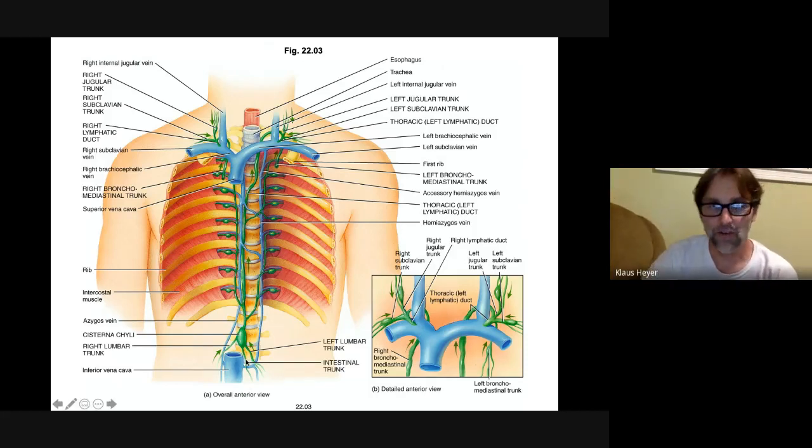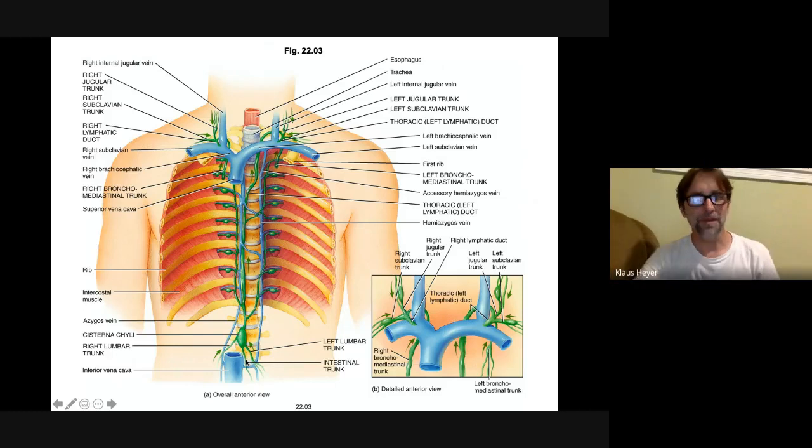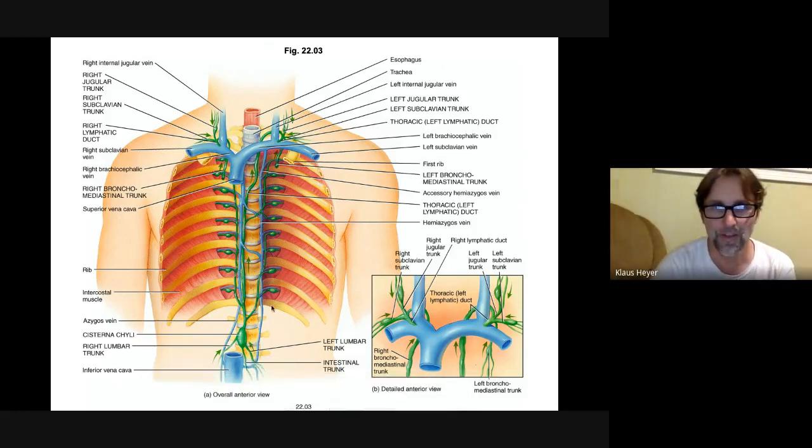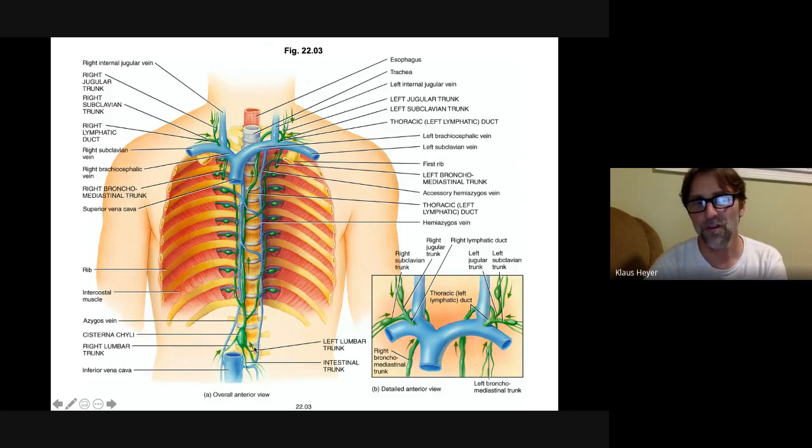Fourth, intestinal. So now we're talking about abdomen. Think about where your intestines are. Fifth, lumbar. The lumbar is the lowest part of your back. So the lumbar is going to drain, and they're down here where these arrows are. So one of them's lumbar. One of them is intestinal. Who cares which is which?